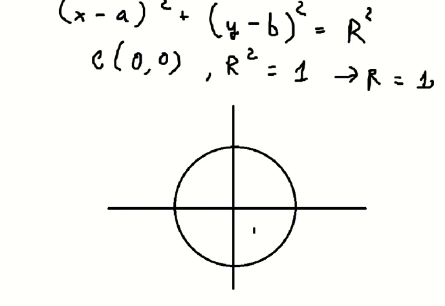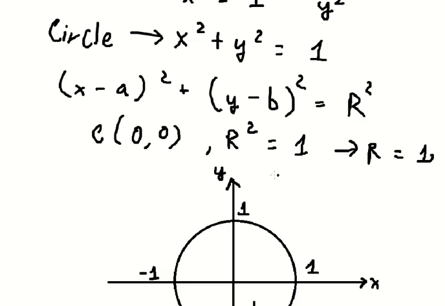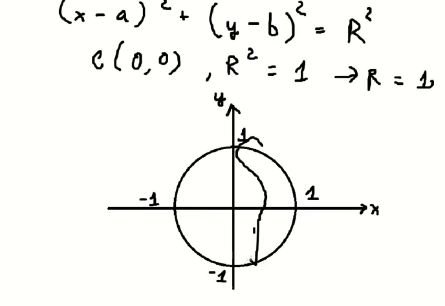So we can see that we have number 1 in here, number 1 in here, negative number 1 in here, and negative number 1 in here. So we can see that x is smaller than or equal to this one in here.